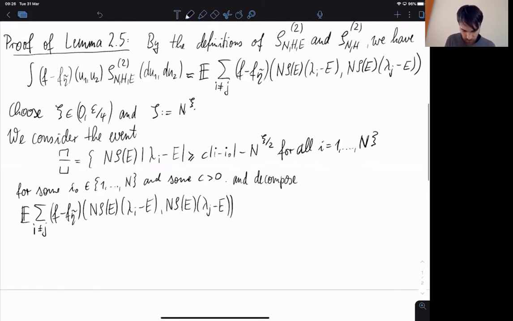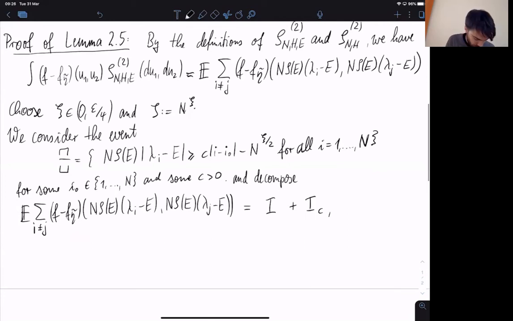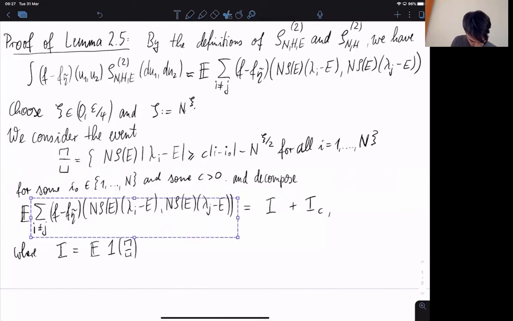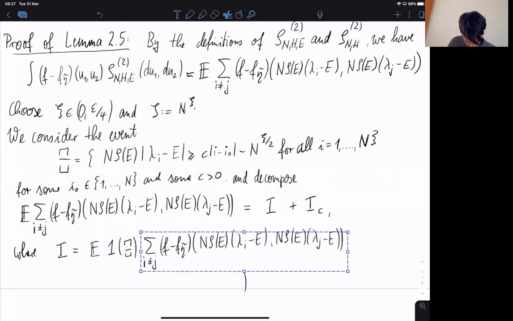But first I want to smuggle this event into the definition here. So I will write this as I plus IC, and now I have these things with the characteristic function and without. So this should be the characteristic function 1c times this event. So let's copy this now. Paste.